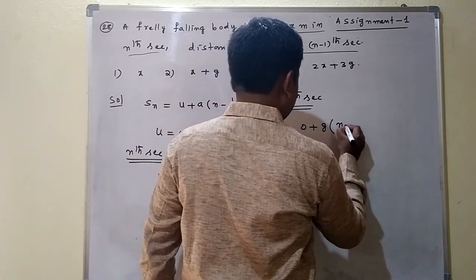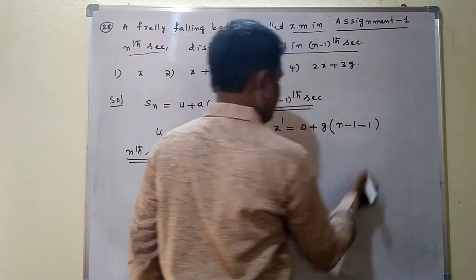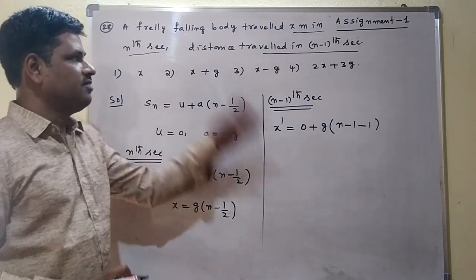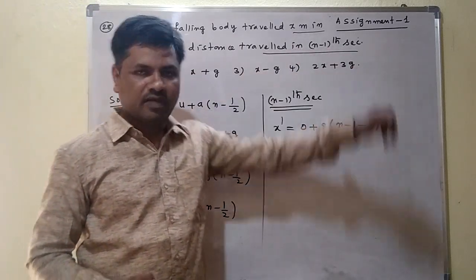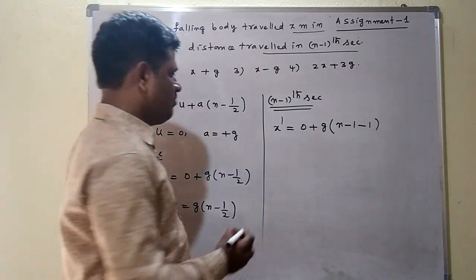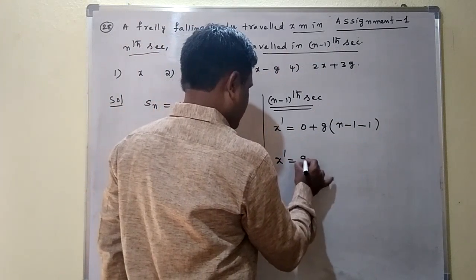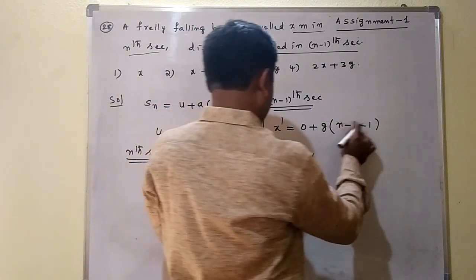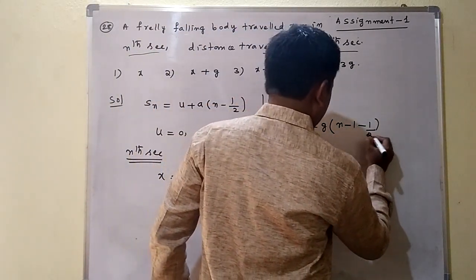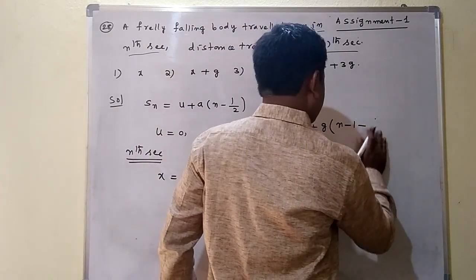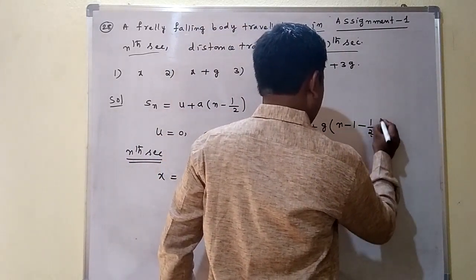In the nth second we wrote n, but here n is replaced with n minus 1, because they are asking for the (n minus 1)th second. So x dash is equal to g into (n minus 1 minus 1/2), with the remaining half as usual.